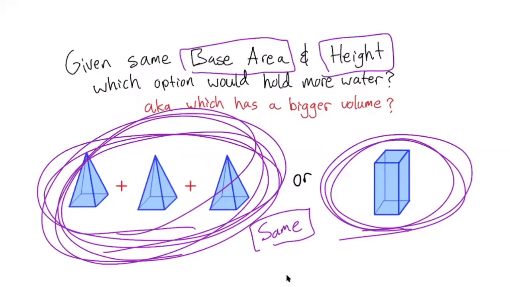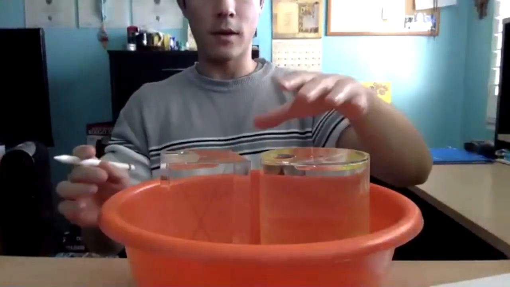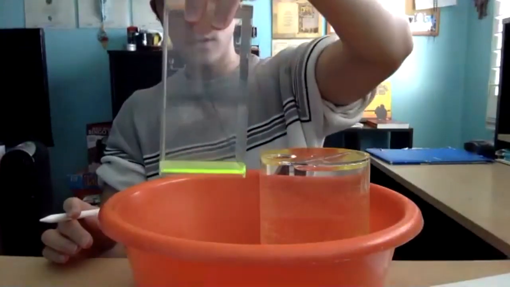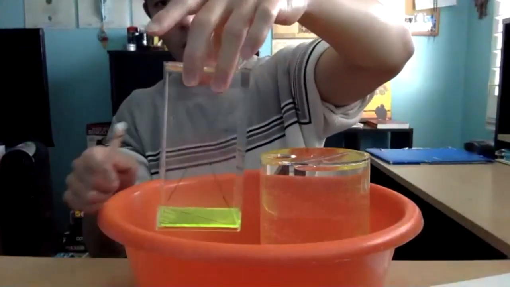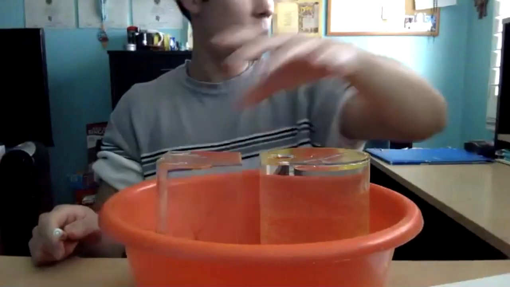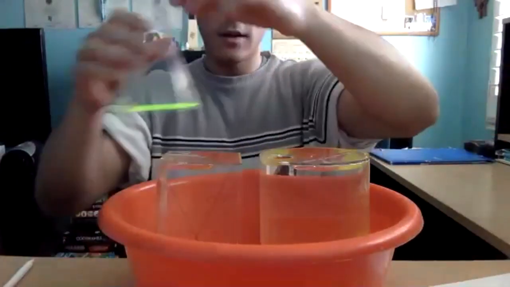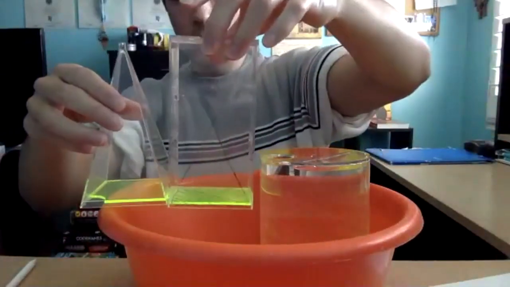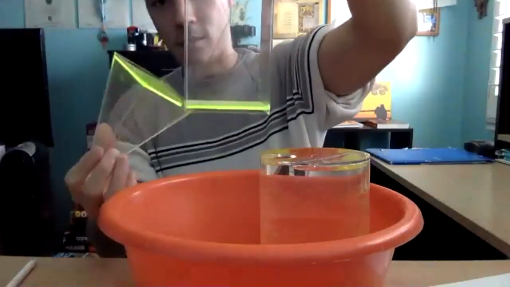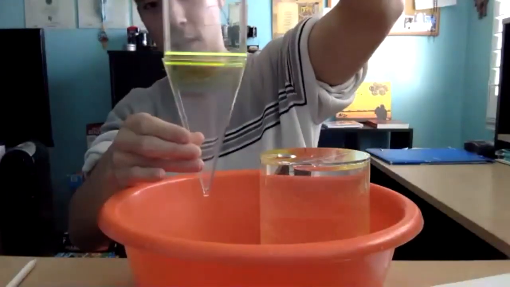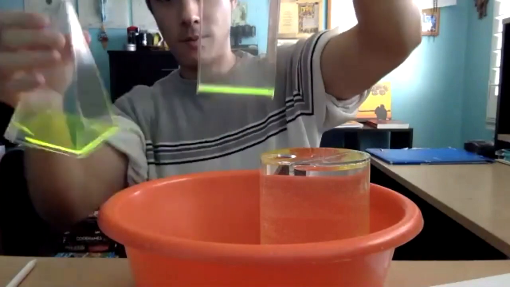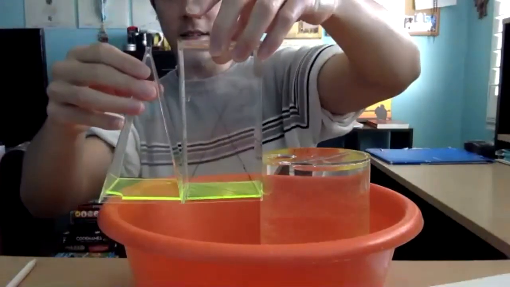I'm going to stop sharing the screen so you can see my screen. Check this out. We have a prism, and I filled it with water. This prism right here is actually the same base area, so the base is the same and the height is the same.